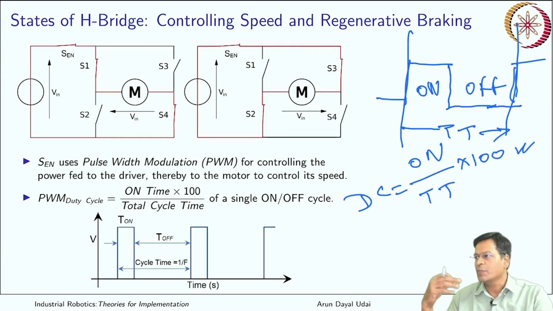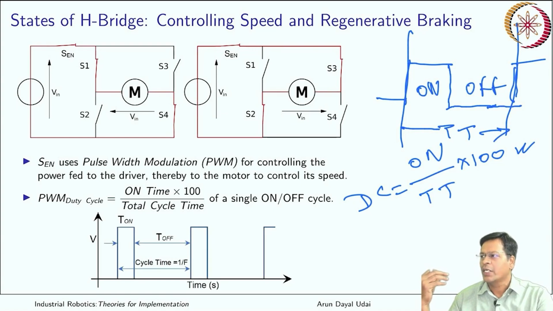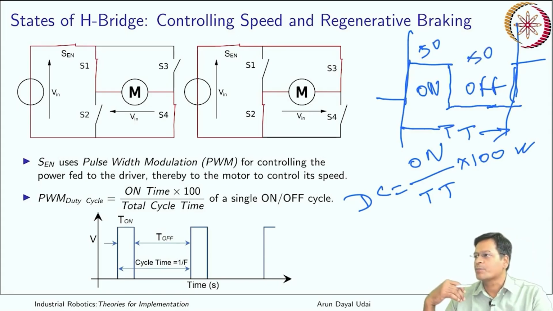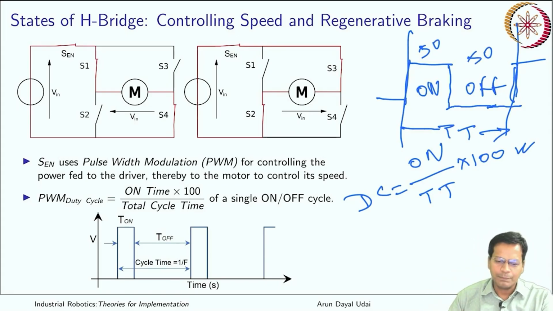Percentage is from 0 to 100%. If I say 0% on time, that means it is off forever, and in that case the motor will stop. If it is 50% duty cycle, that means 50% of the time it is on and 50% of the time it is off. Got it? So that is how it is done.